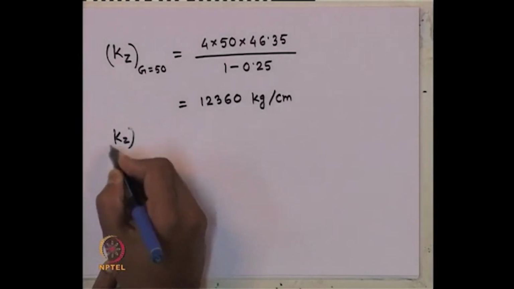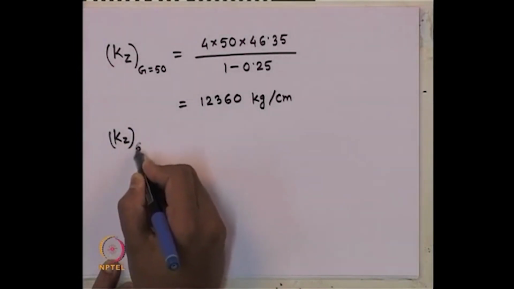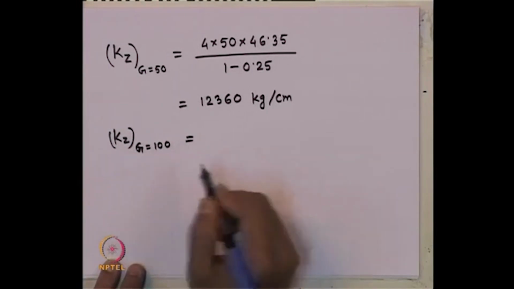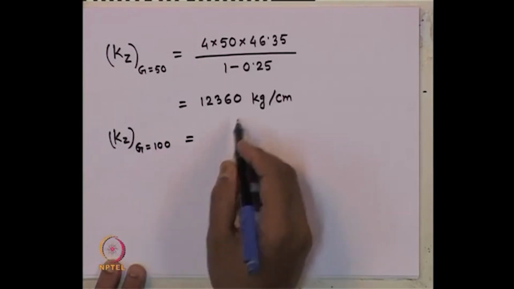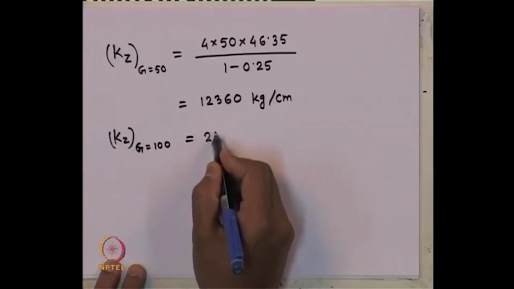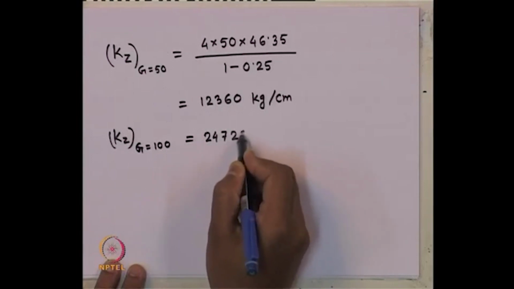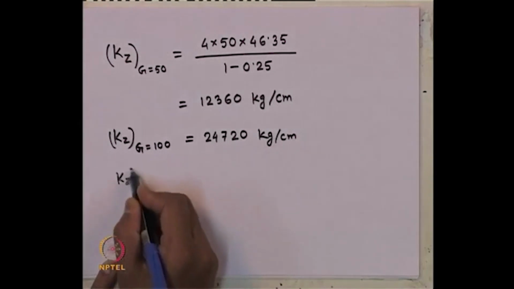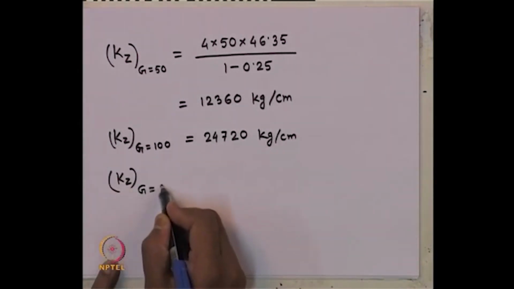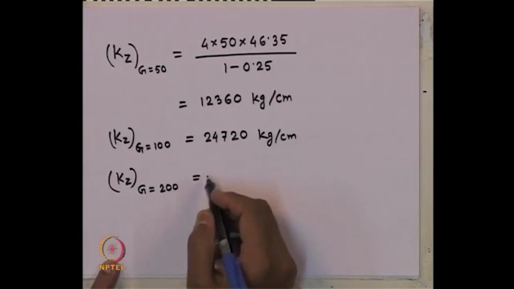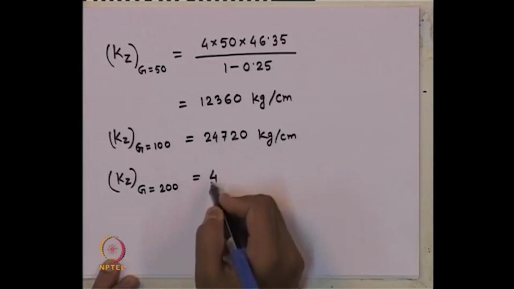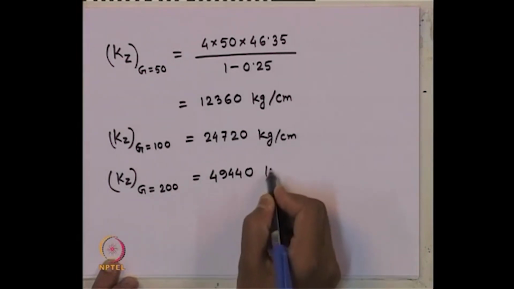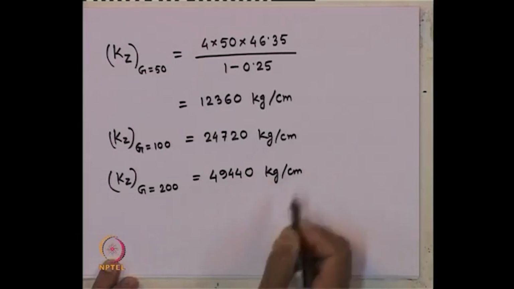Let us also compute Kz here itself for the other 2 types of soil. With G equals 100 TSF, it will be just double of this, 24720, and Kz for G equals 200 will be double of this once again, 49440 kg per centimeter.